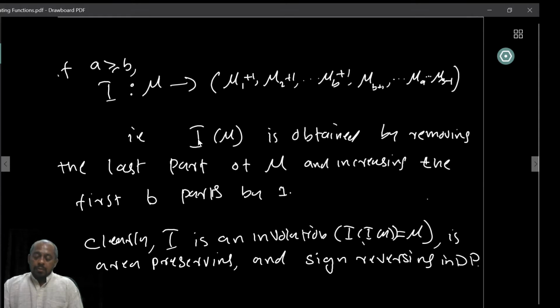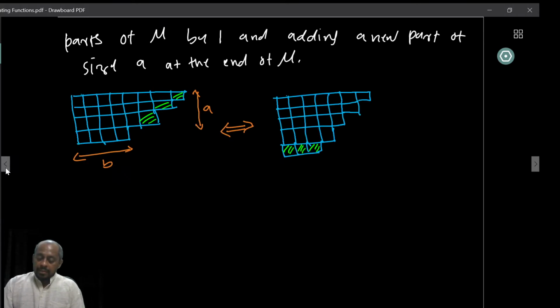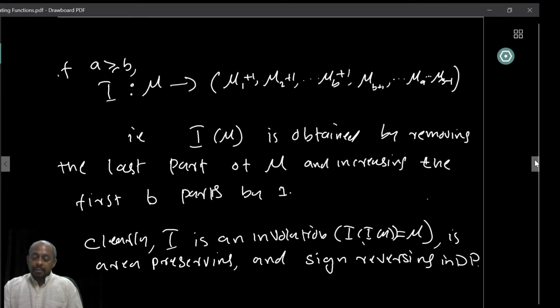So now one can immediately see that what is happening here is precisely this, going from here to here, similar to that. So I of mu is obtained by removing the last part of mu and increasing the first B parts by 1. Now clearly I is an involution, because if I take the involution once more, I of I of mu is mu itself.